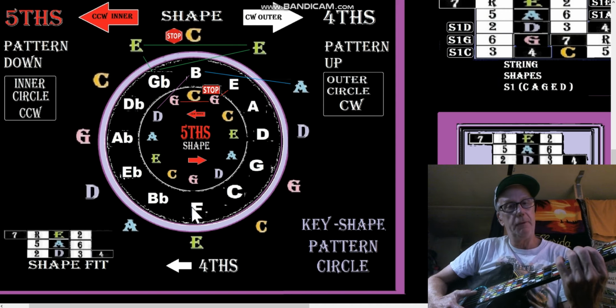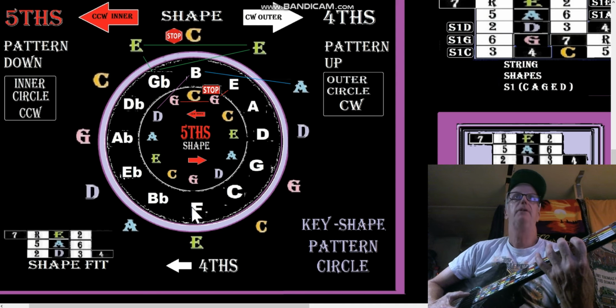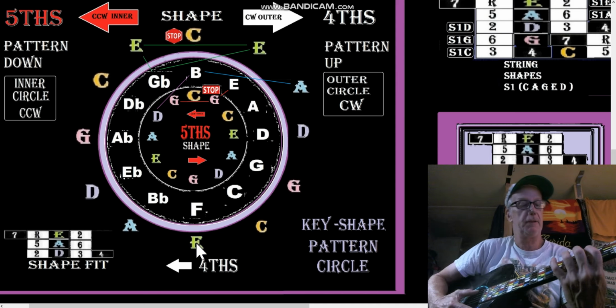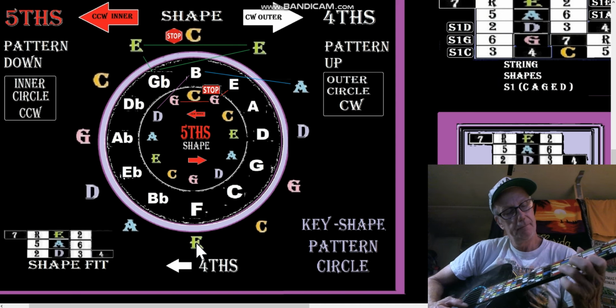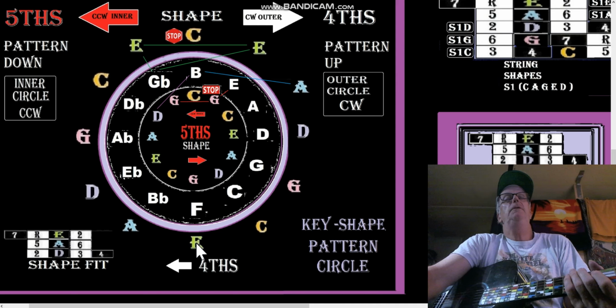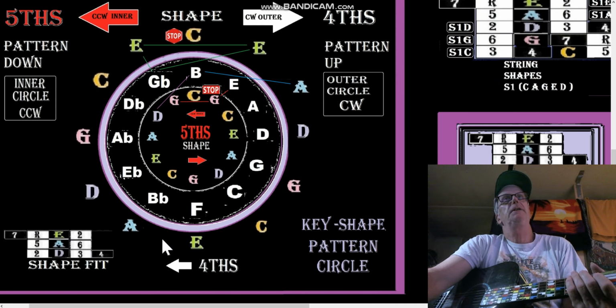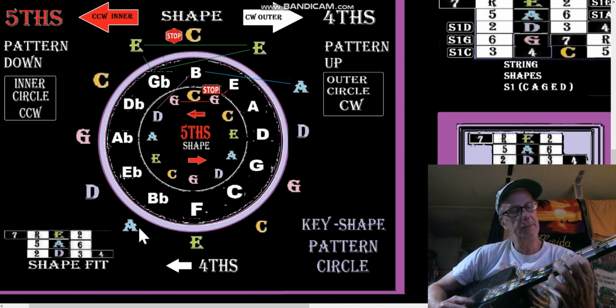So the bottom string originally is the E-shaped F. Right, here's our E-shaped F diatonic. Okay, so we're going to be replacing that B flat, that E shape, with the A shape, likely starting on the same.